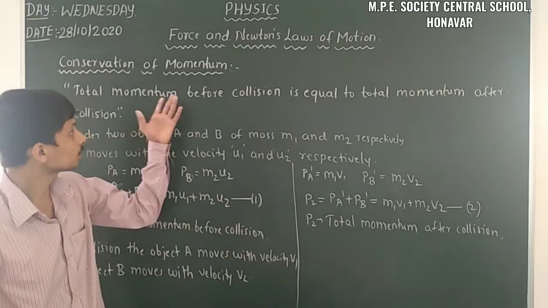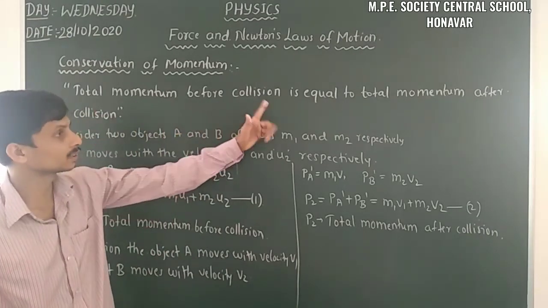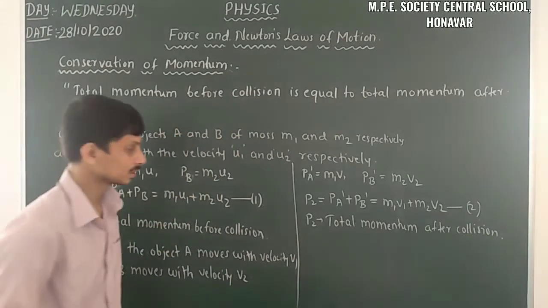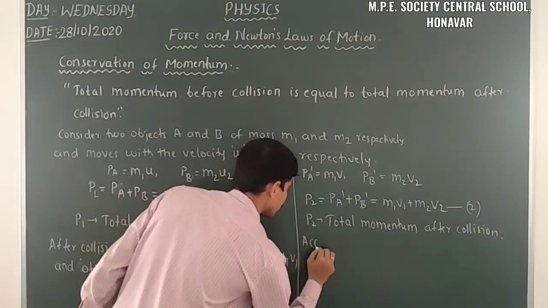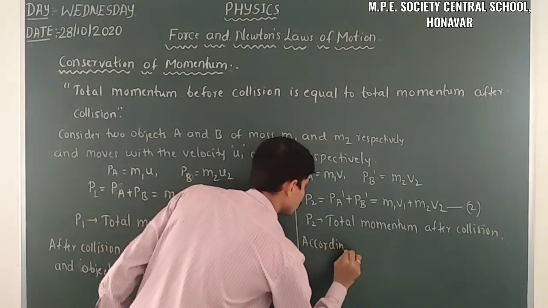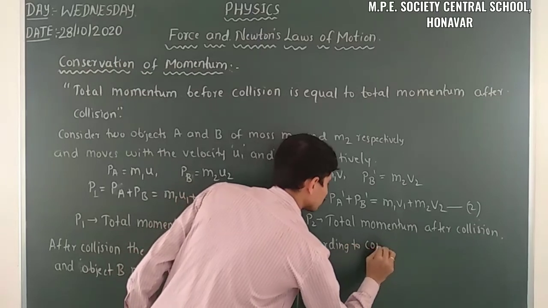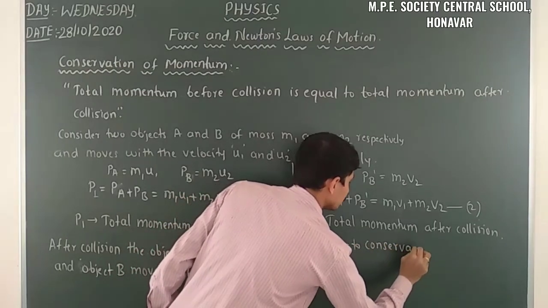Then we have conservation of momentum, that is, total momentum before collision is equal to total momentum after collision, according to conservation of momentum.